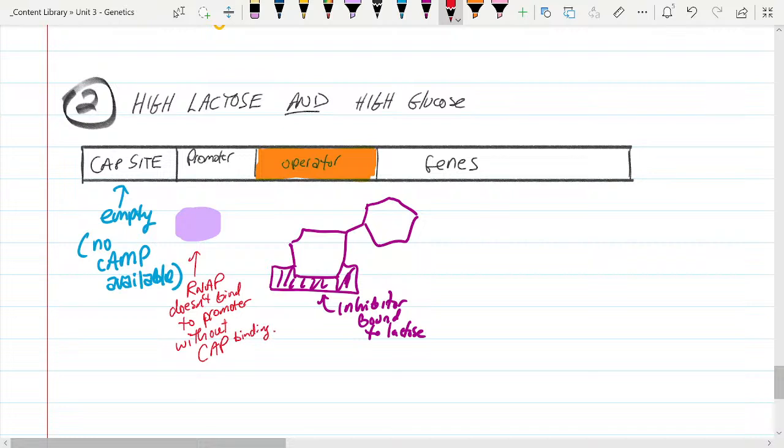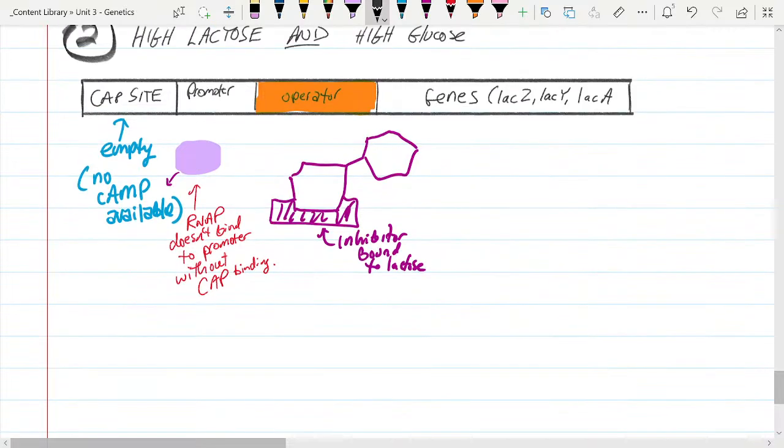So until the cap site is full, RNA polymerase won't bind to the promoter, and so even though the operator is clear, the promoter won't bind, and as a result, the genes don't get transcribed. Okay, and that leaves us to our third situation, which we will cover tomorrow and do the actual simulation.